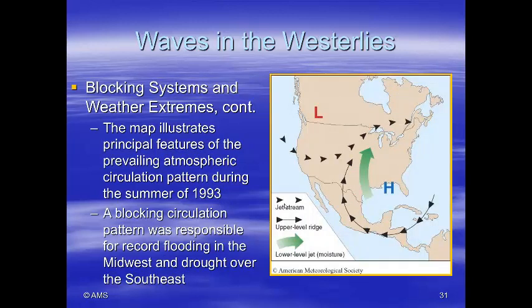So this map illustrates the principal features of the prevailing atmospheric circulation patterns during the summer of 1993. Here a blocking circulation pattern was responsible for record flooding in the Midwest and drought over the Southeast.